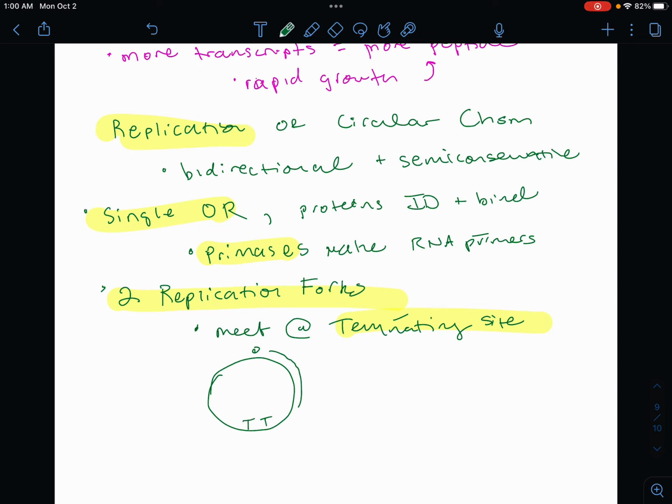So it's bidirectional. There's going to be 2 replication forks, so they're going to go that way when you're replicating that circular chromosome. This will result in 2 copies, and 1 per daughter.